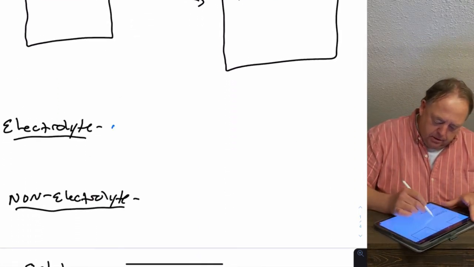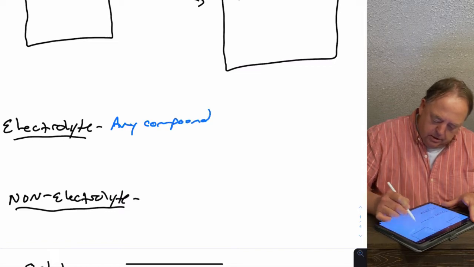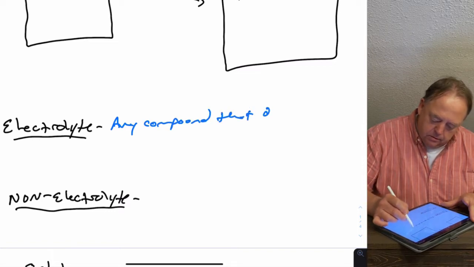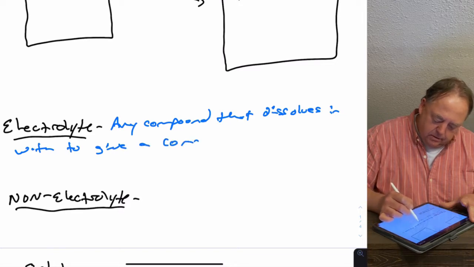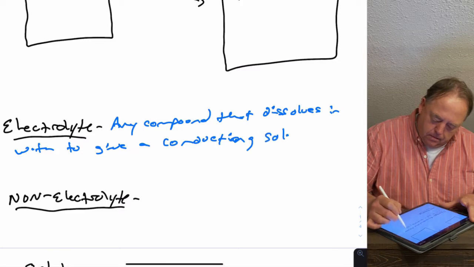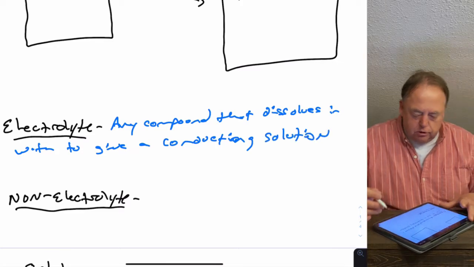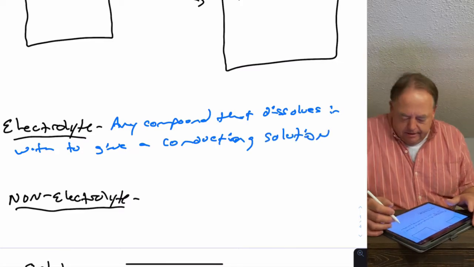Okay, so any compound that dissolves in water to give a conducting solution is known as an electrolyte.